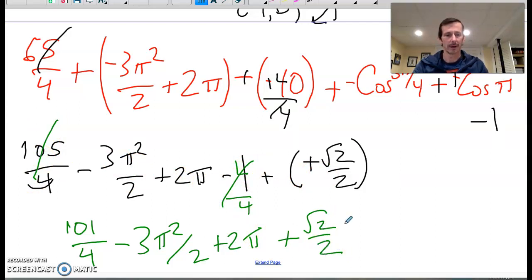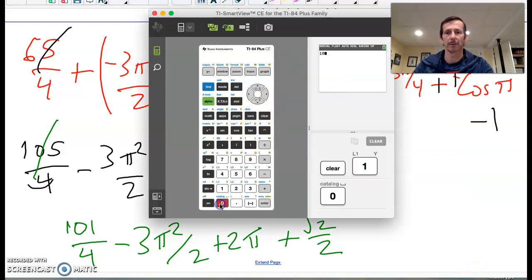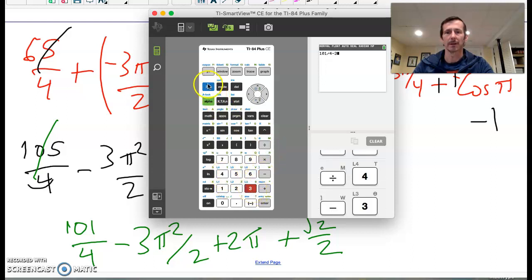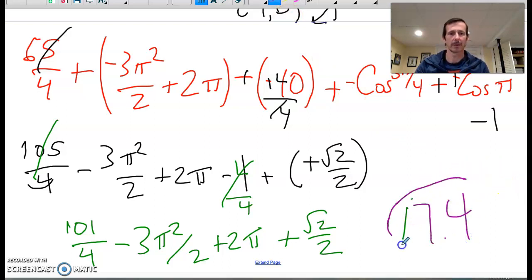And then I go to my calculator, and I type in 101 divided by 4 minus 3 pi squared divided by 2 plus 2 pi plus rad 2 divided by 2, and I get an answer of, you see it, it's right there, 17.4 something, but my calculator went away.